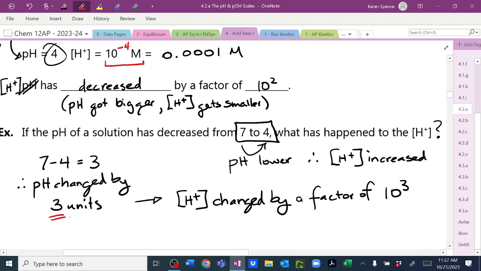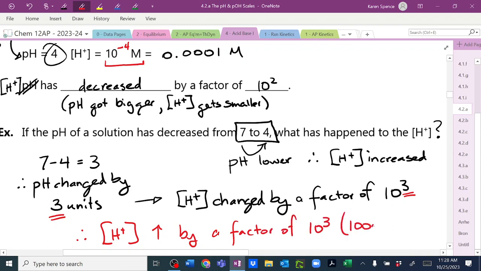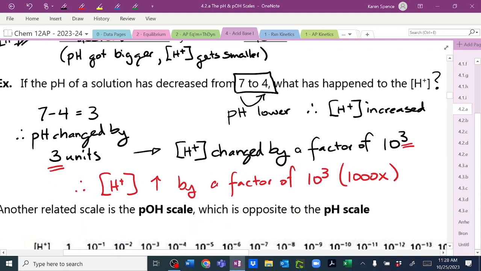So we know hydrogen ion increased by a factor of 10 to the 3. So in essence, it's gone up by 1,000 times. Yes? Okay.